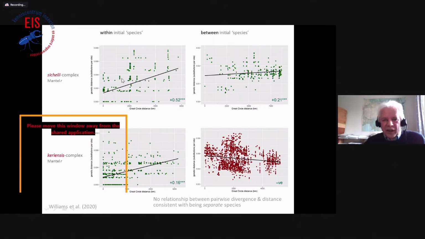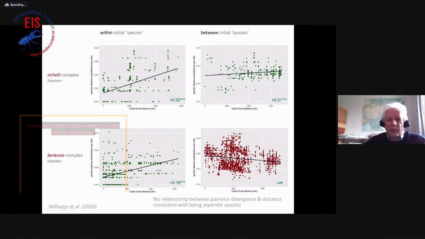And for the Sicily data, within each of the initial species, as you would expect, there is such a significant relationship. And there's also such a relationship between those initial species. So those 8 initial species are behaving as though they're all parts of a single species.